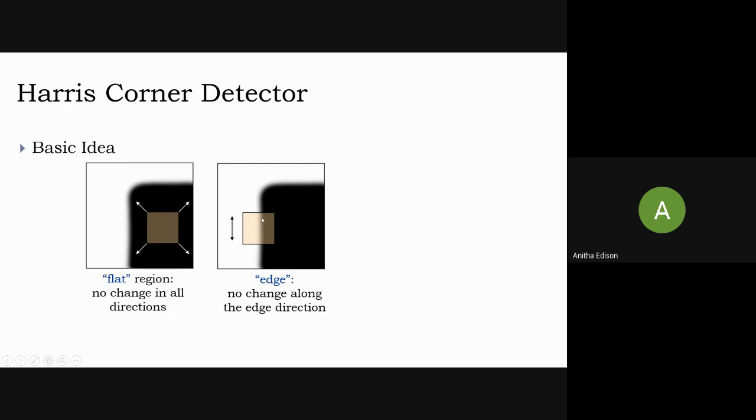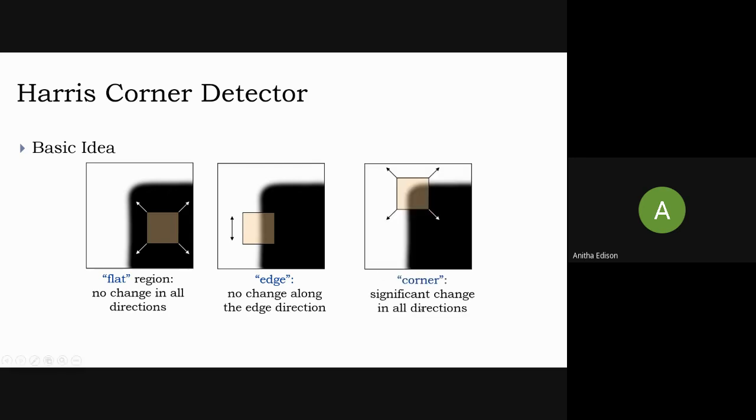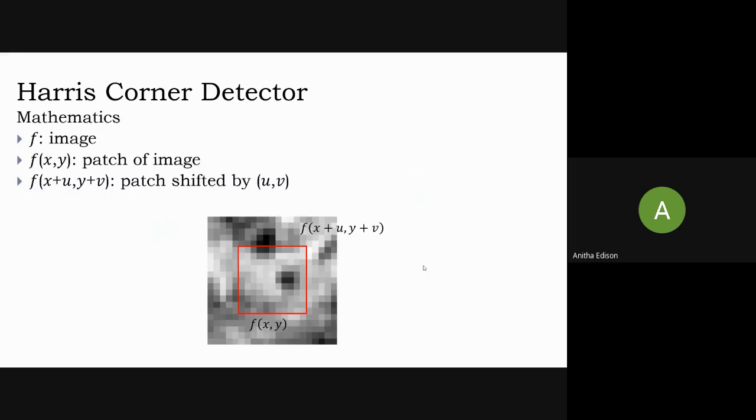If we take this particular direction, there won't be any change. It is black here. But if you take a direction perpendicular to the edge, there will be change, from white to black. So edges have a change in one direction. But when you take a corner, there is significant change of intensity of the image in every direction. So that is the basic idea that is used for corner detection.